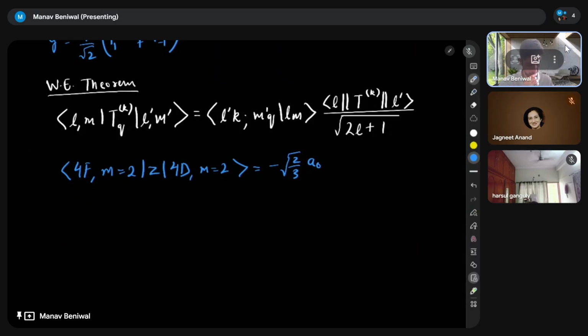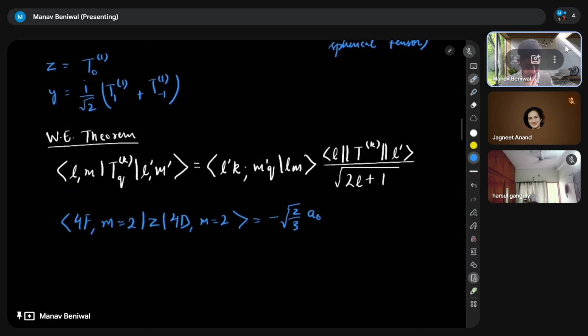Okay, so now also we see that this z we can write as t01, right? So this z is t01. Okay, and the next thing: for 4f and 4d states, what will be the value of L here?